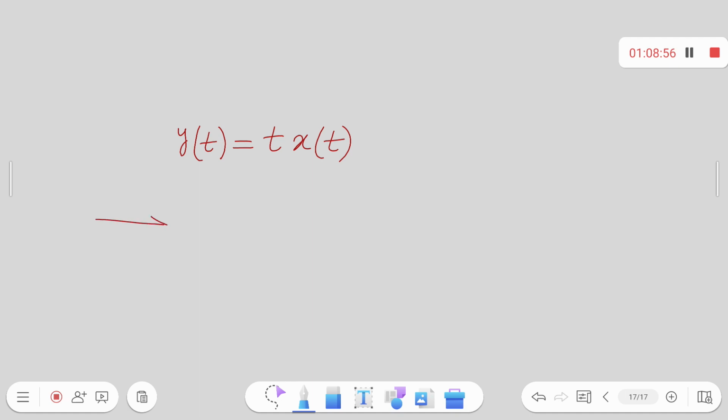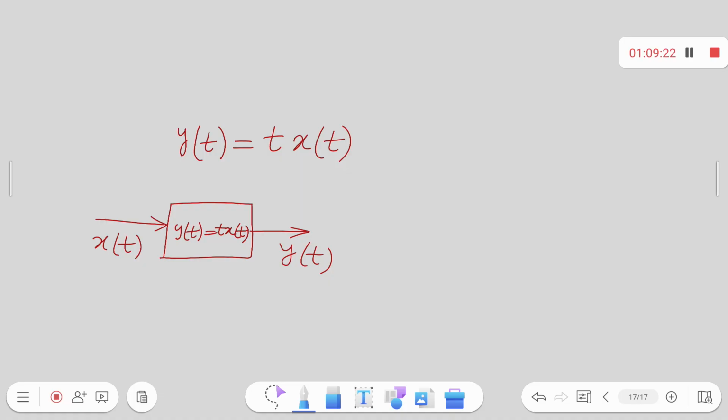I know that this is the formula, and that is my system. So how to calculate the impulse response?